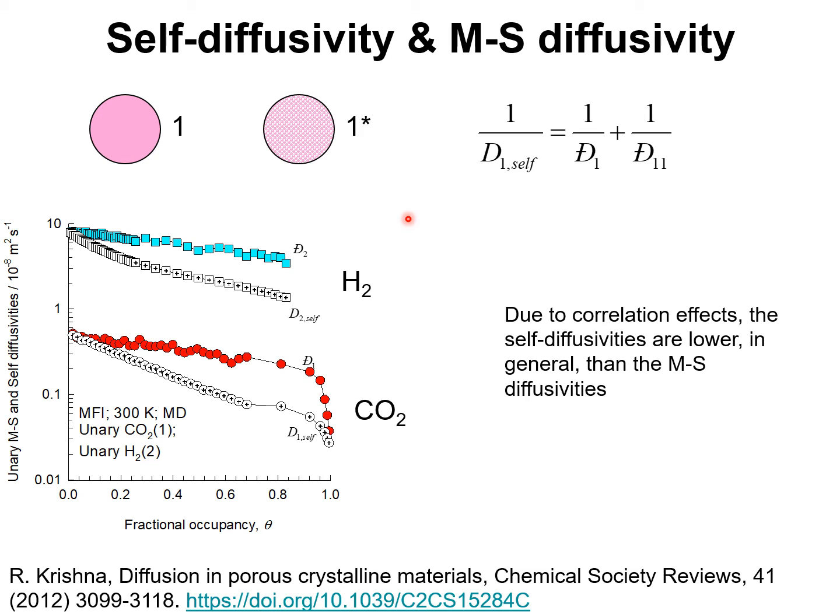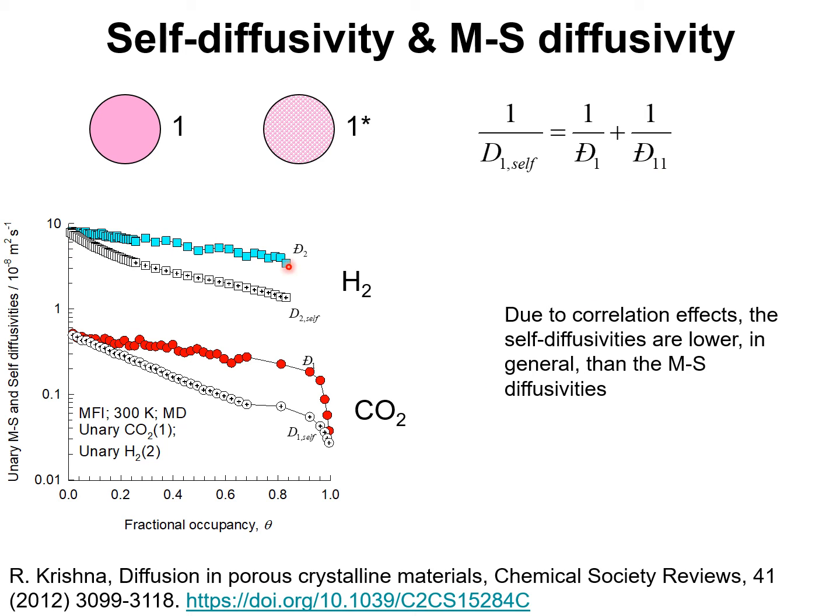In other words, if one vacates a site that will be subsequently occupied by 1 star, then the jumps from site to site are correlated, and such correlation effects lead to a lowering in the self-diffusivity as compared to the Maxwell-Stefan diffusivity because of the self-correlation contribution, which in the Maxwell-Stefan formulation is a kind of friction.